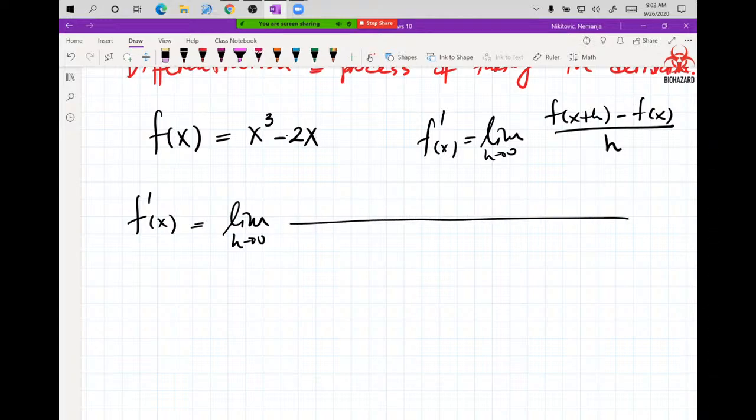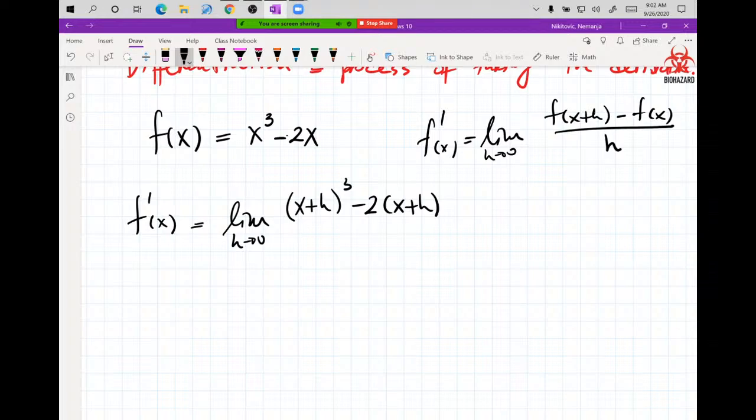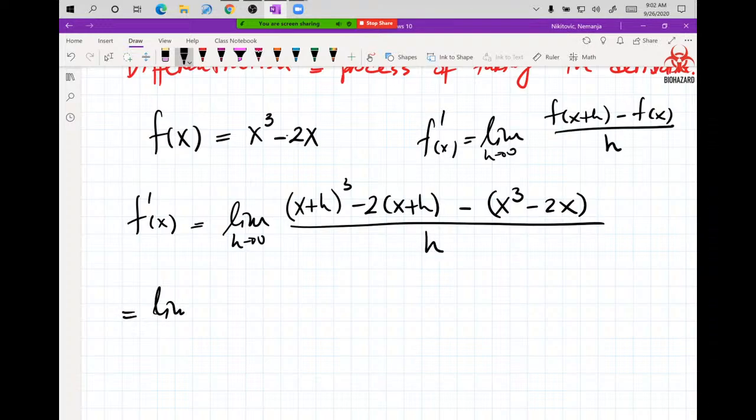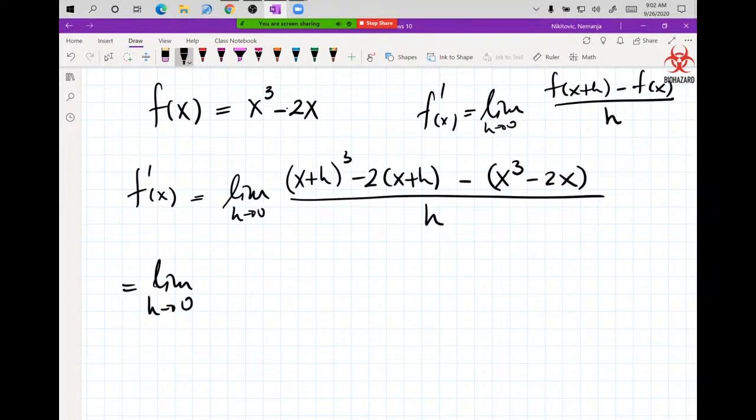So we had to start with a limit and copy this limit in every step along the way. The setup was x plus h cubed minus 2 times x plus h, and then minus the original function, and all of that divided by h. Now we have to cube this one.